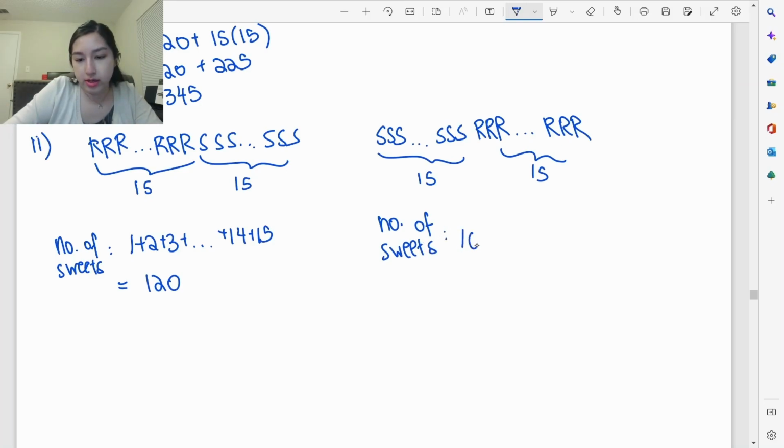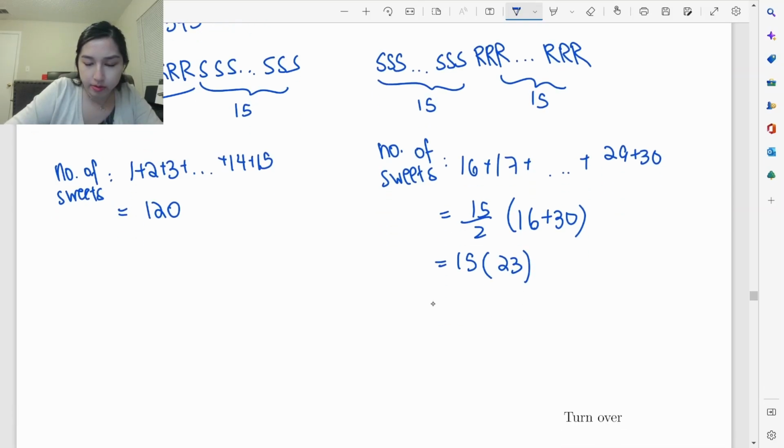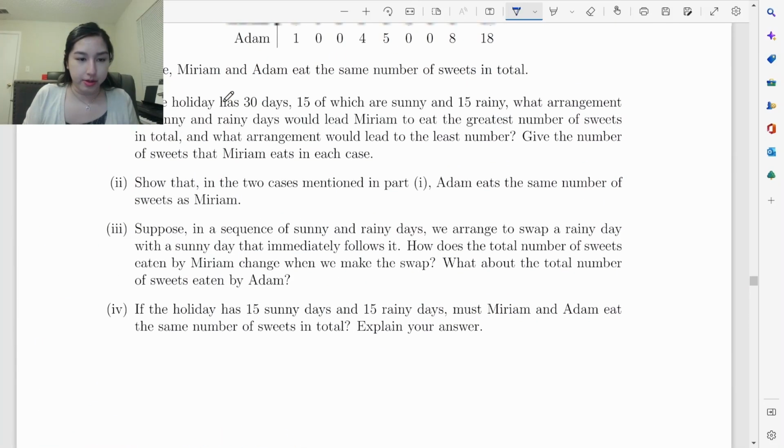So starting from 16 plus 17 plus all the way to 30, again it's the arithmetic sequence formula. 15 terms divided by 2, 16 plus 30. That's just 15 times 46 divided by 2, 23, which would be 345. There we go.